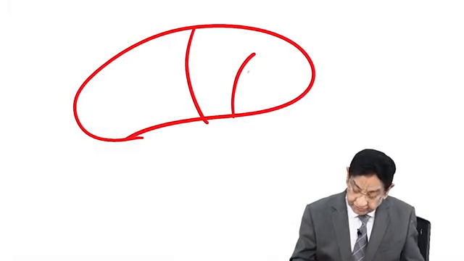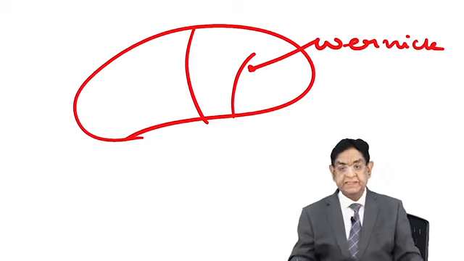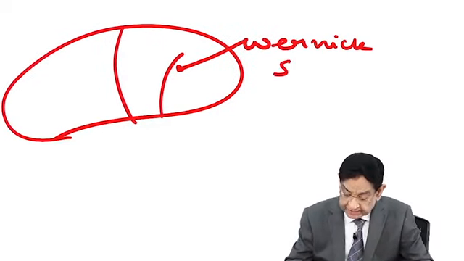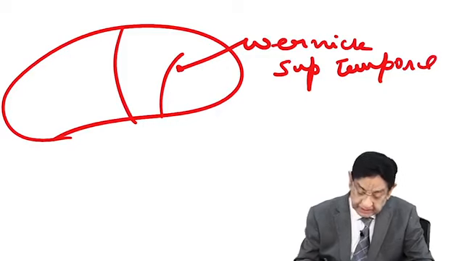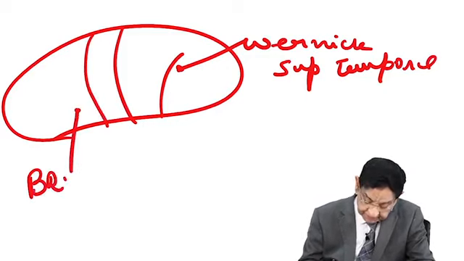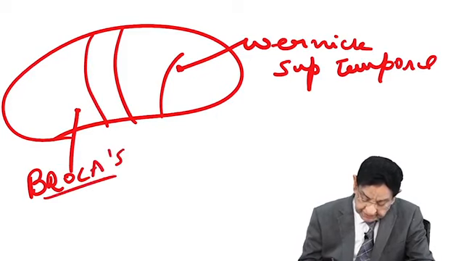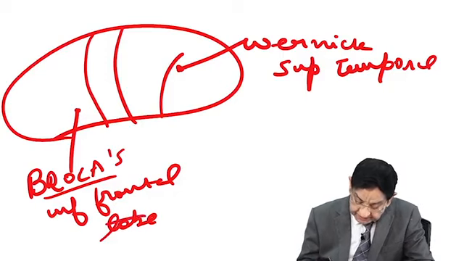We have the Wernicke speech center. It lies in the superior temporal gyrus. And we have the Broca speech area. It lies in the inferior frontal lobe, the inferior frontal gyrus.